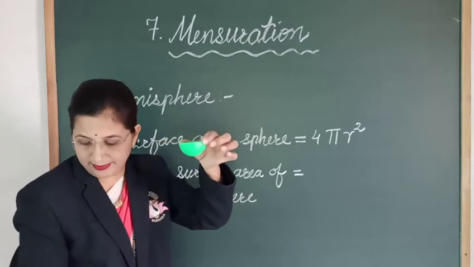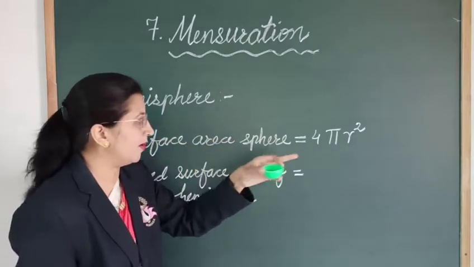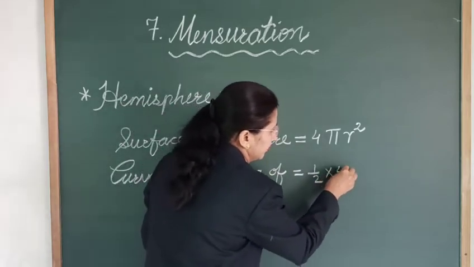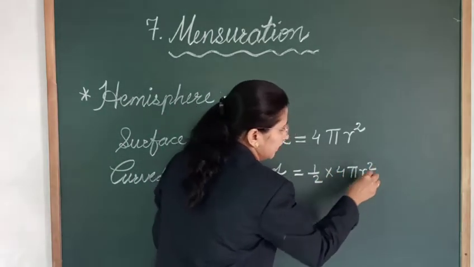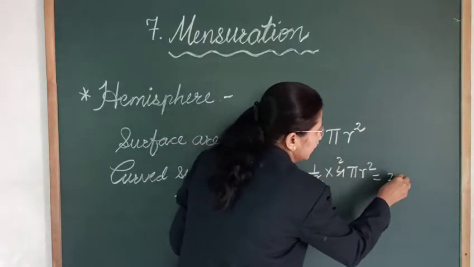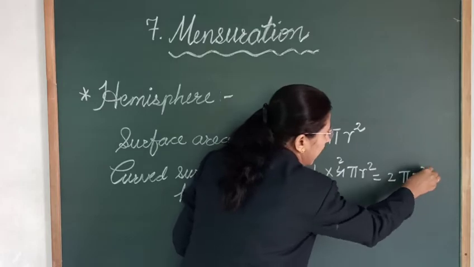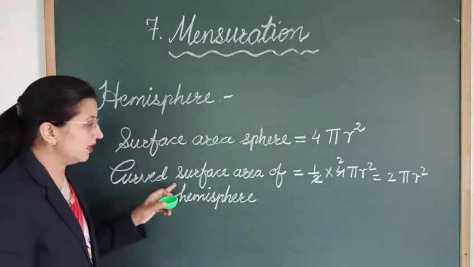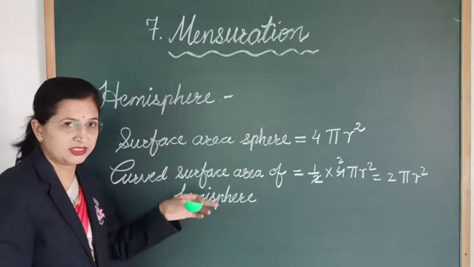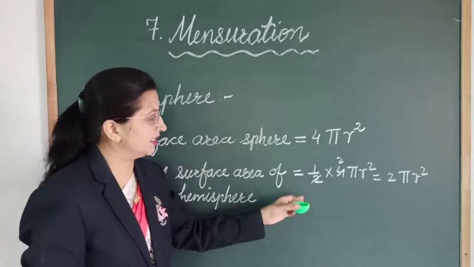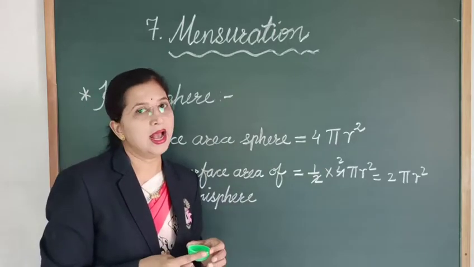It will be half of 4 pi r square, then we get 2 pi r square. In this way we get the curved surface area of the hemisphere. Curved surface area of hemisphere is equal to 2 pi r square.